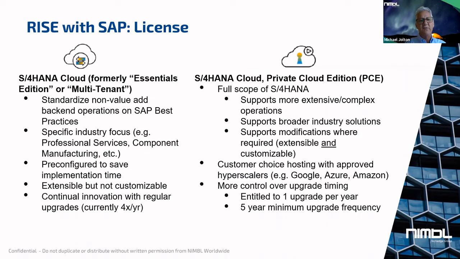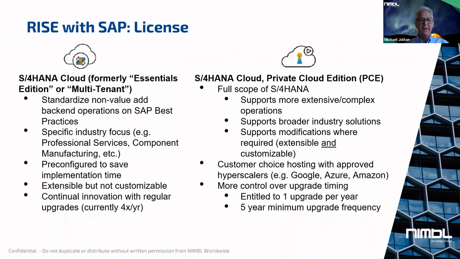But the idea is this is for companies who want standardized back-end processes on SAP best practices. They don't have a lot of IMG customization needs, configuration needs, and they don't have any customizations to the code. Also, you will be taking continual innovations with regular upgrades every quarter.